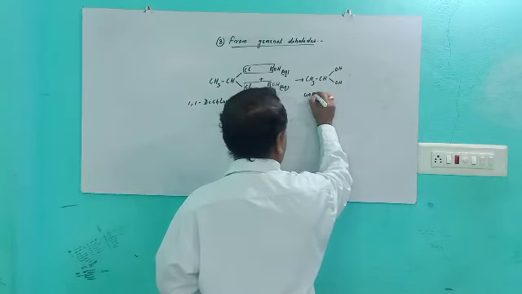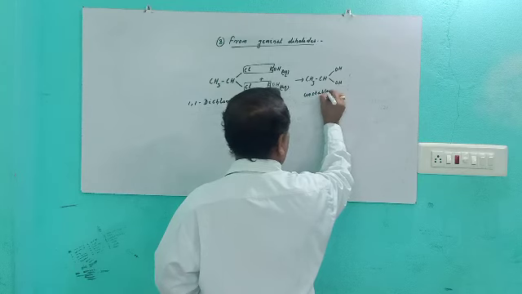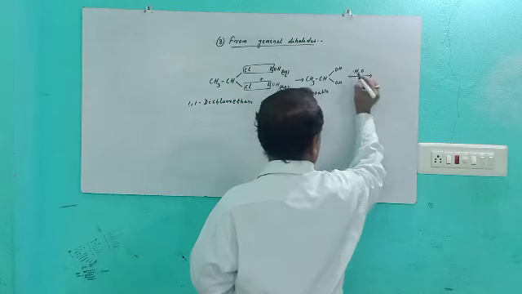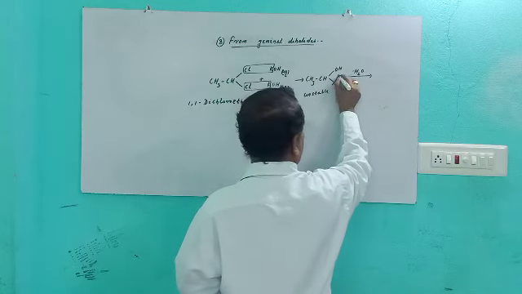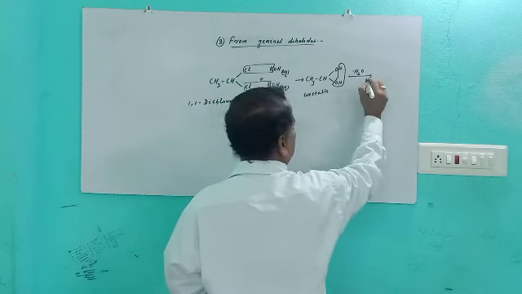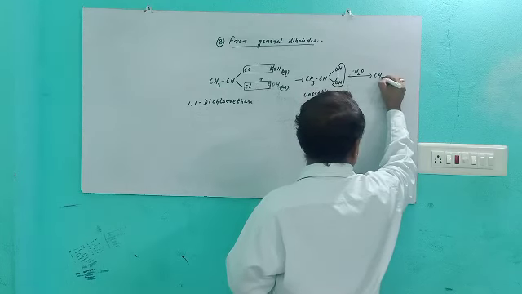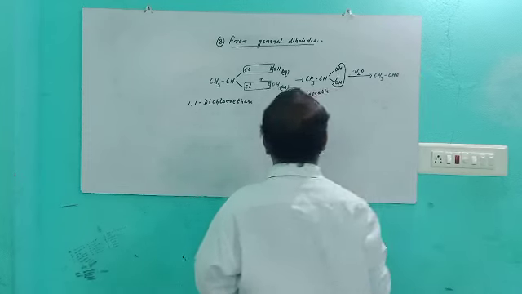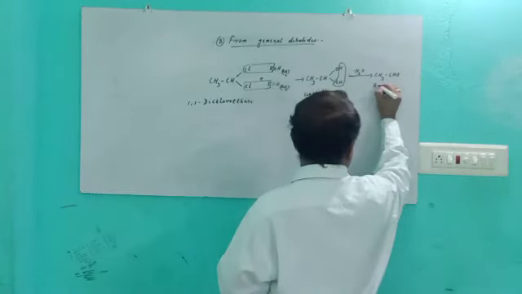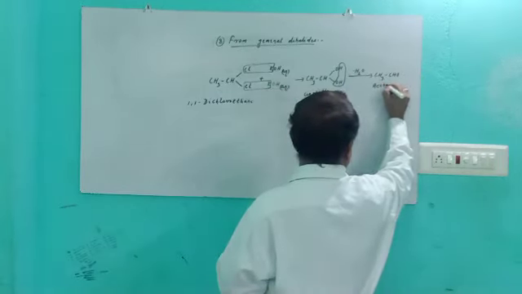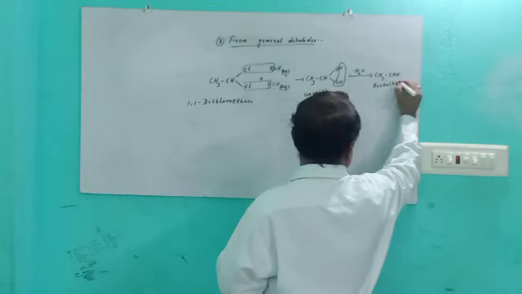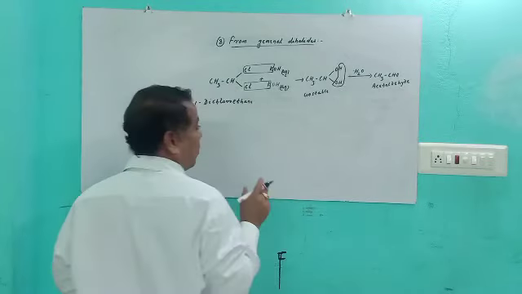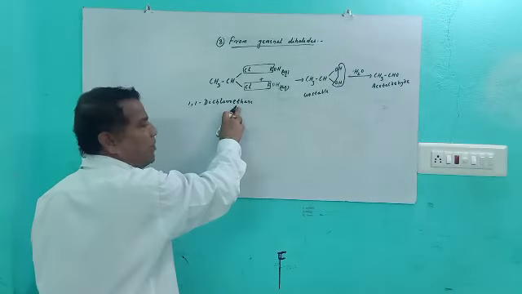It loses one water molecule, and this water molecule is eliminated to form CHO. CH3-CHO is formed. Acetaldehyde is formed from the terminal geminal dihalide.